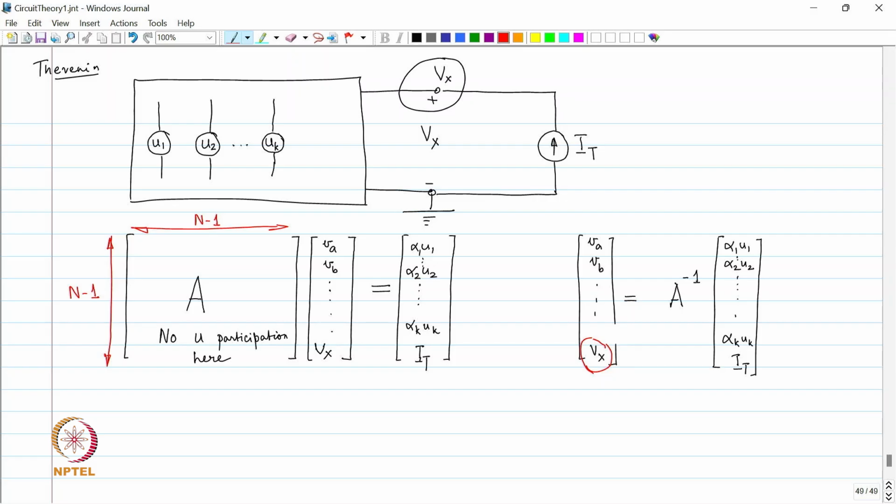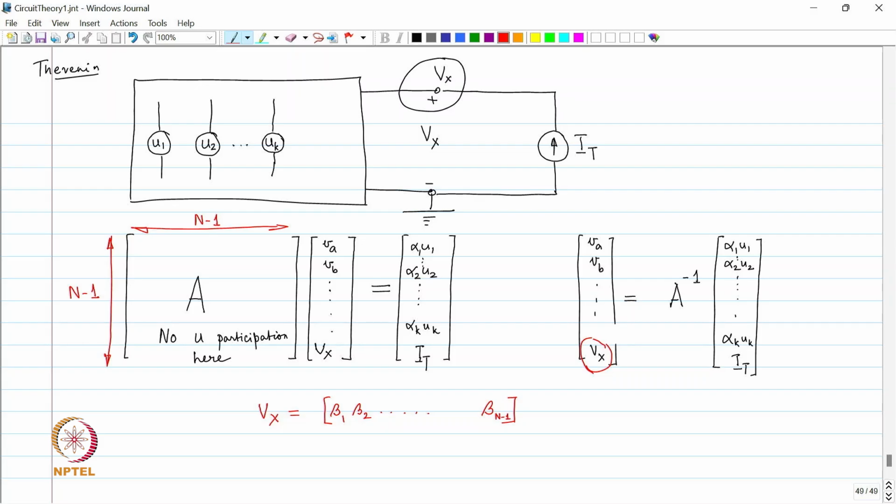The last row of A inverse, okay, it is full of some constants. So, let us say that V x is going to be the last row of A inverse, maybe it is beta 1, beta 2, dot dot dot, all the way till beta n minus 1, fine.